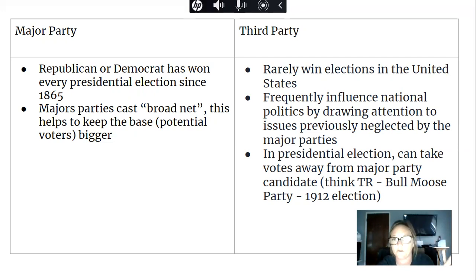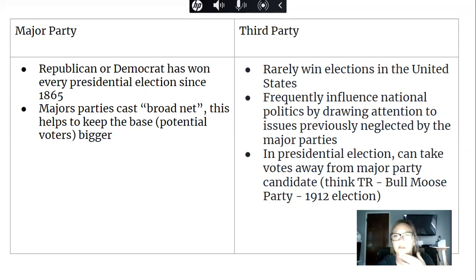They are very much focused on environmental issues, environmental regulations, cutting down emissions. And so just having the Green Party there and focusing on these issues has made the other two major parties go, oh, okay, this is important. We might want to gear our platform or maybe our planks in this direction as well.